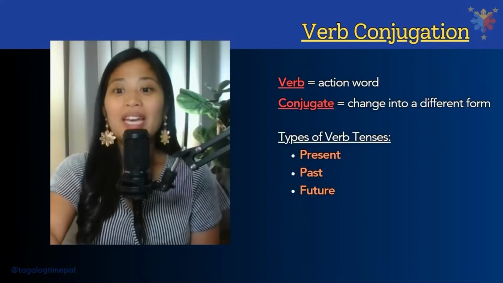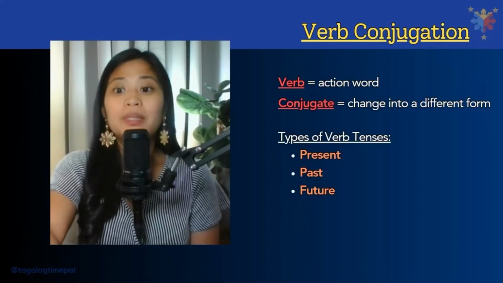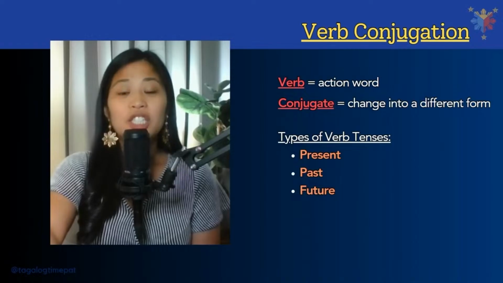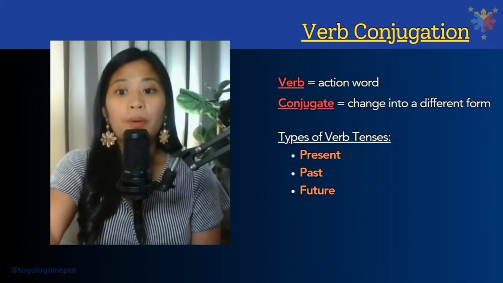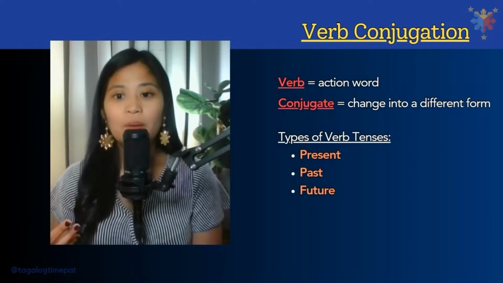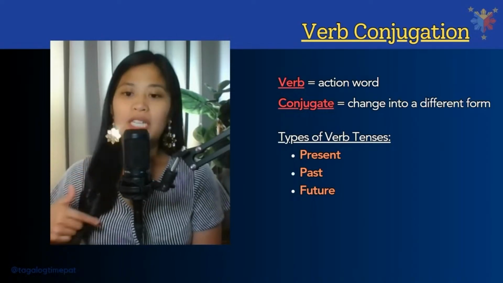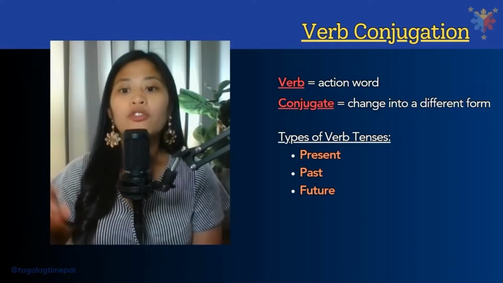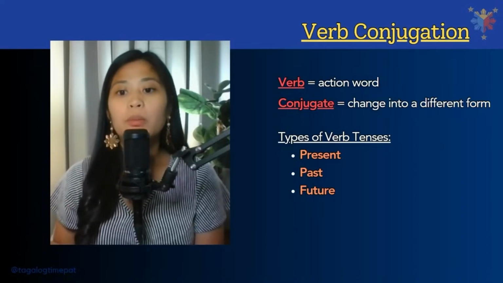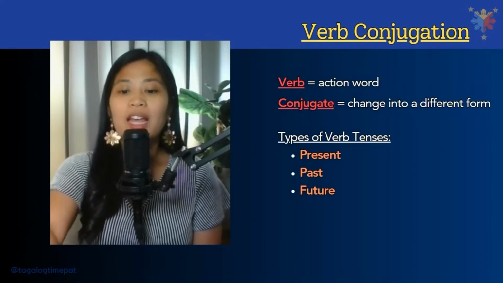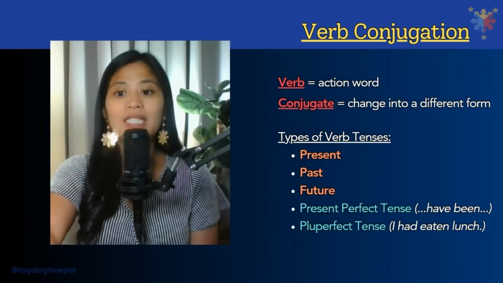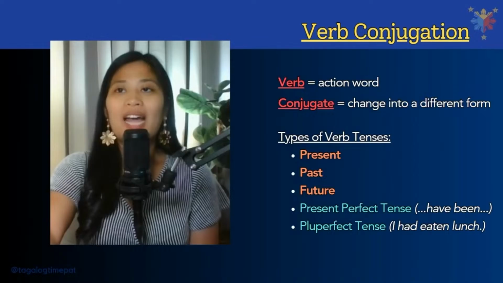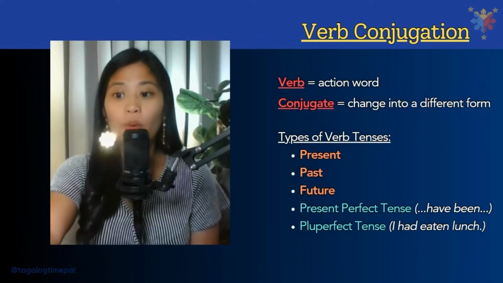Now, there are many different types of verb tenses. In English specifically, there's a whole bunch. The most common ones are the present tense, like what you're doing right now, past tense, what you did yesterday or last week, future tense, what you will be doing tomorrow or next month. Then in English, there are also lots of other tenses like the present perfect tense, like I have been to his house before.